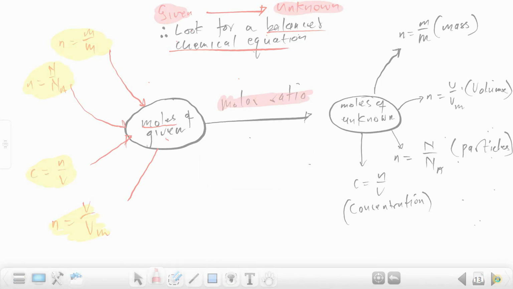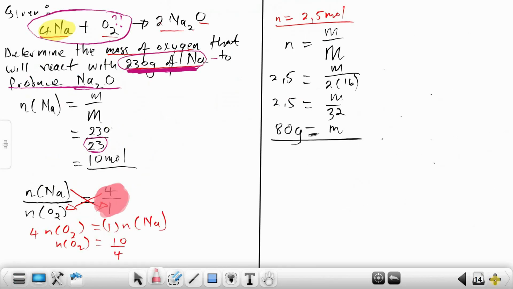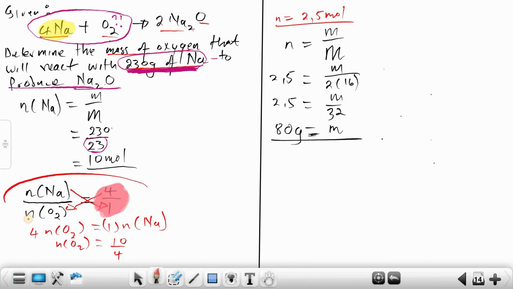So you will always have this step here where you compare the given as well as the unknown, where you link the given and the unknown.